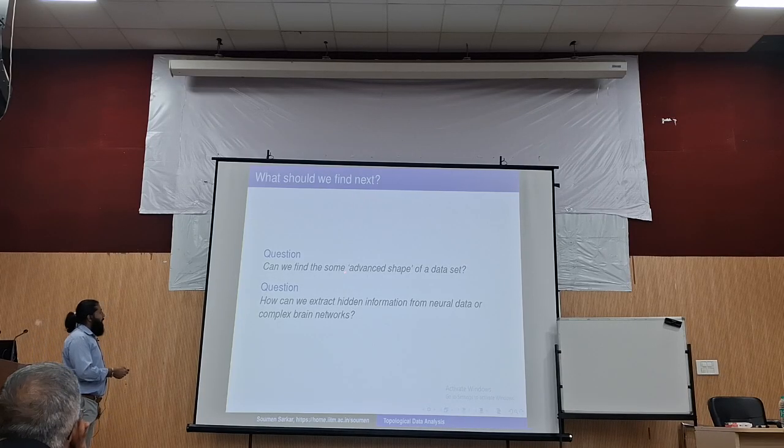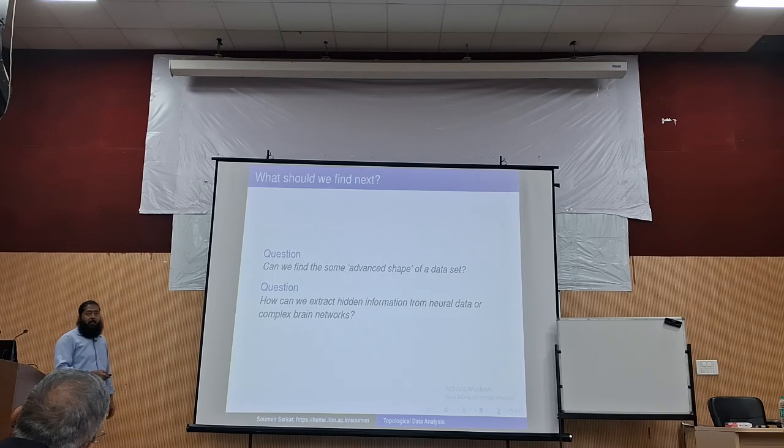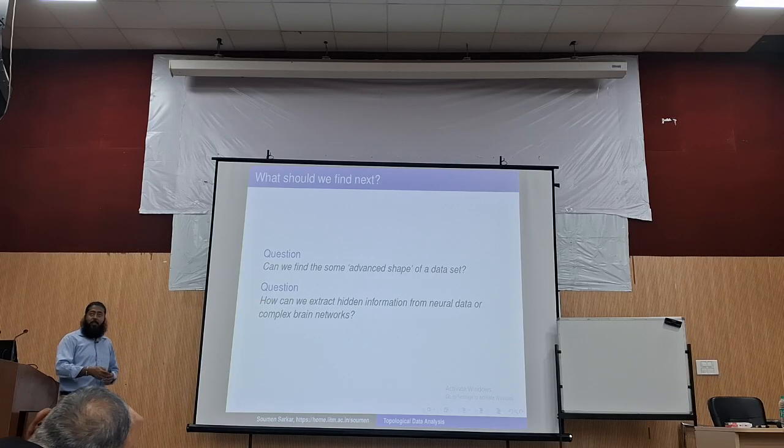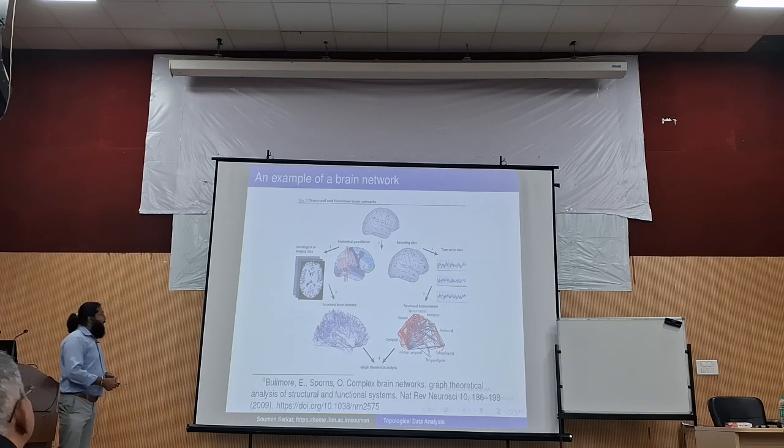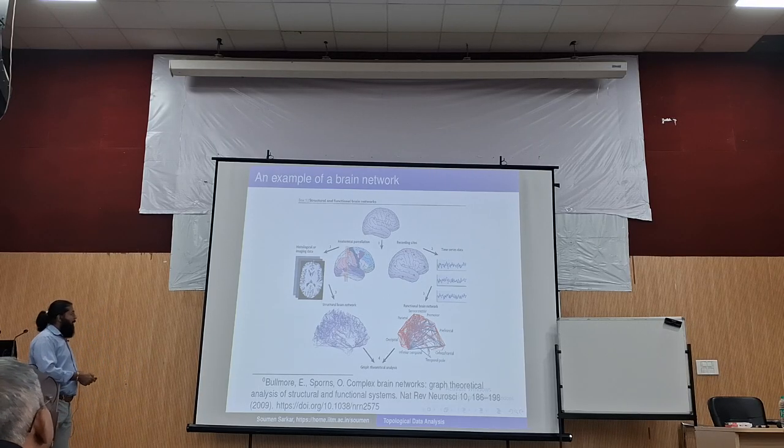Now to answer this, how can we answer it? What we discussed in the beginning, topology discusses the properties of shape. So if we want to have an advanced shape, we need to bring back some topological notion. Okay. So this is another way to get some graph.